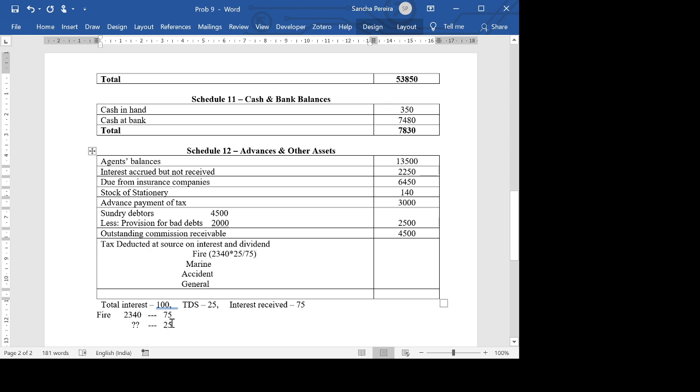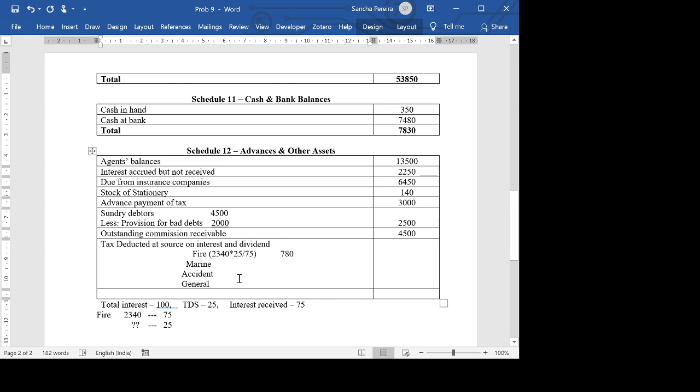And how much do I get if I do that calculation? I get an amount of 780. So 2340 is the actual interest that I have received. 780 was the TDS that was deducted by the company that was paying me that interest and dividend. If I wanted to see the total interest that I have earned, it will be 2340 plus 780. That will be my 100.